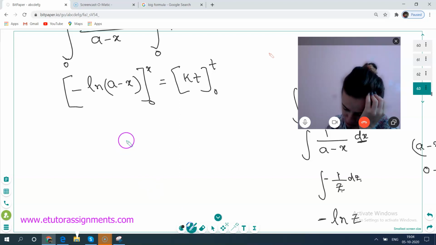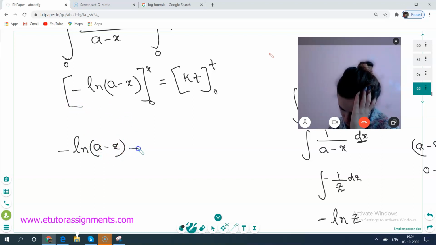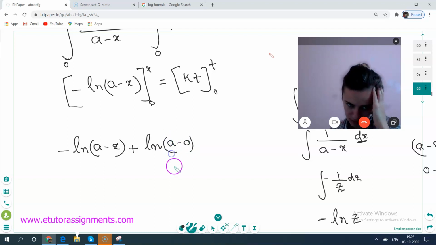So we get minus ln (a minus x) plus ln (a minus 0) is equal to kt.